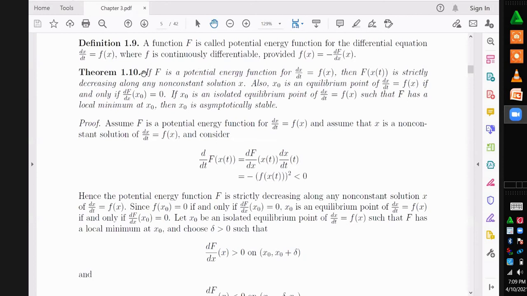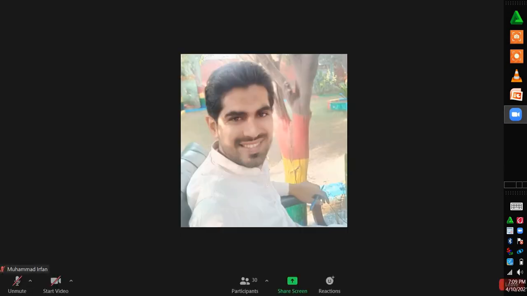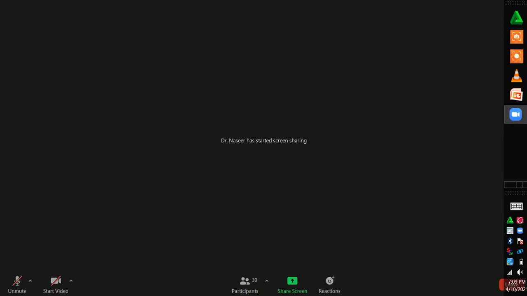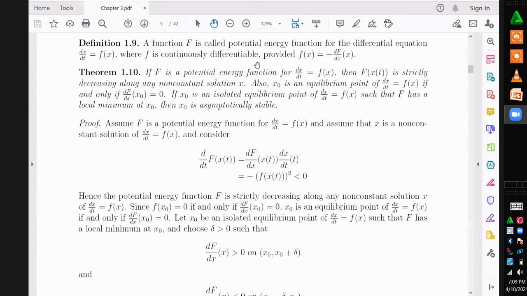If there is a function F whose negative derivative is equal to f, then F is called the potential energy function of this differential equation.